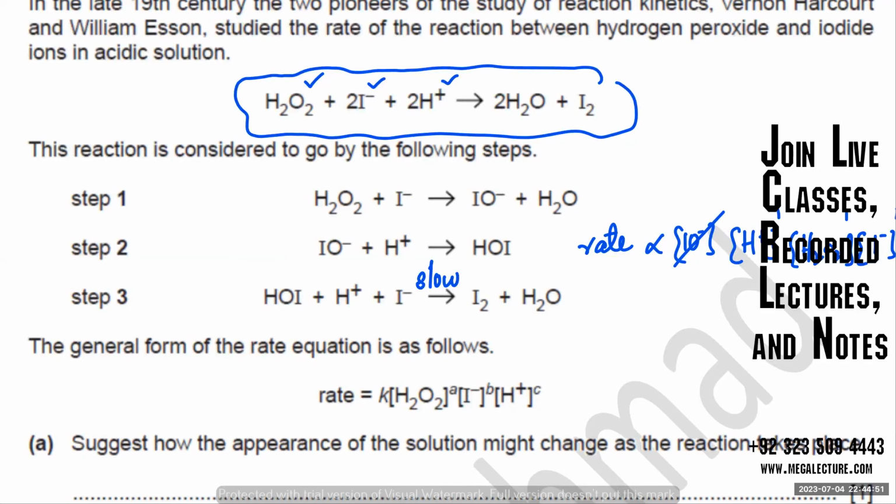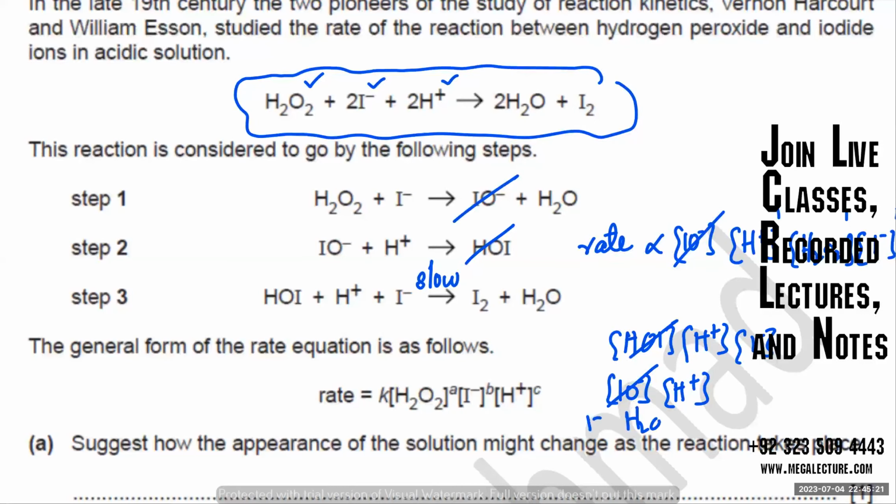It's going to be dependent on HIO and H plus, and the H plus was squared. So you get rid of HIO, so it's going to be IO minus and H plus, so H plus becomes squared, right? But then the IO minus is dependent on I minus and H2O2, right? Oh okay, the I minus also gets squared.